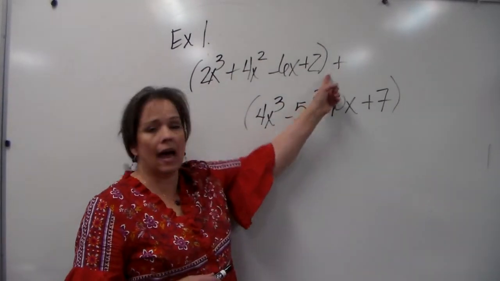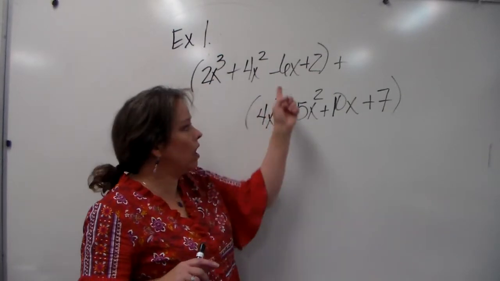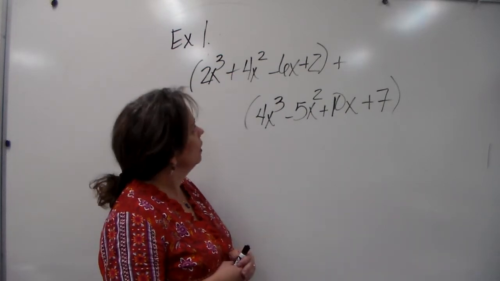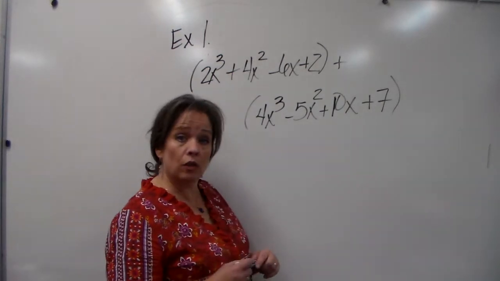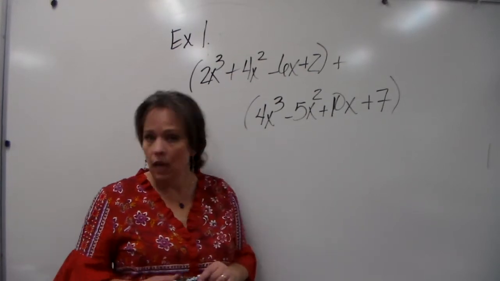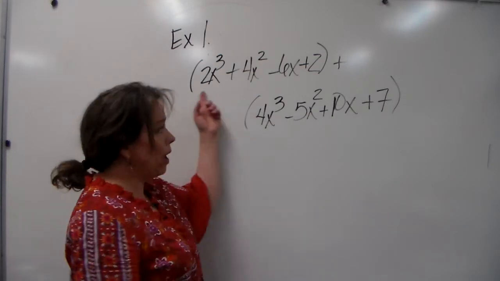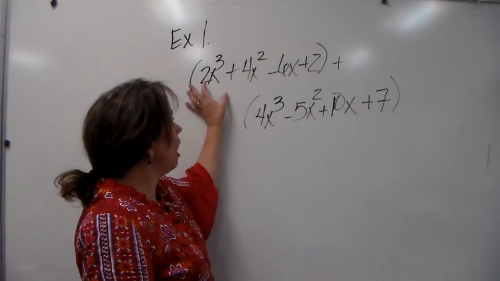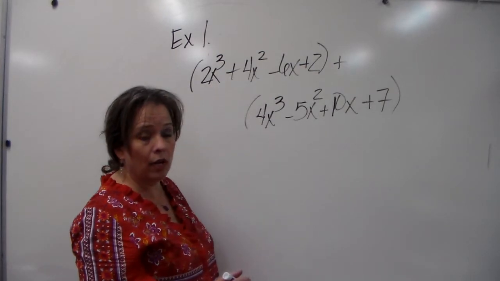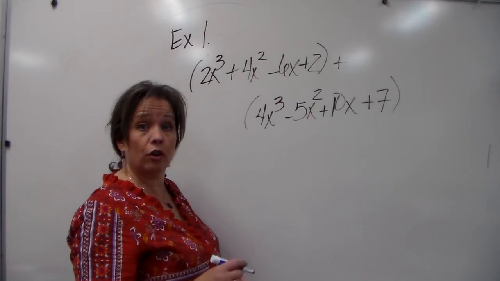So when we have an add, we can just go ahead and find all of the different types of terms that we have and combine them. And one of the ways that we can do that is the vertical method, okay? And the vertical method looks like this. We look at our polynomial and we look for our highest exponent. And you can see that our highest exponent is that 3, so an x to the third term.